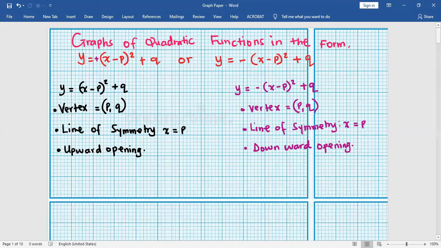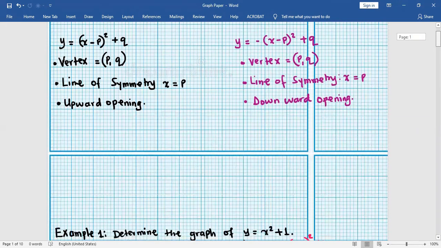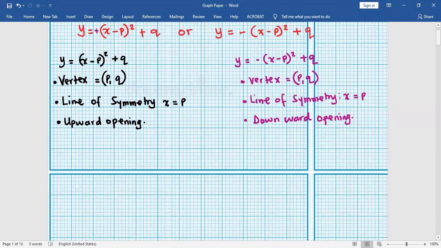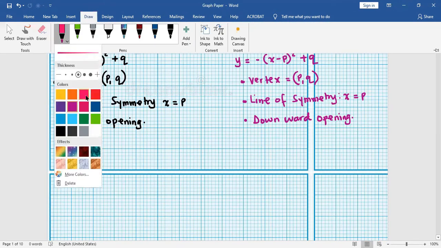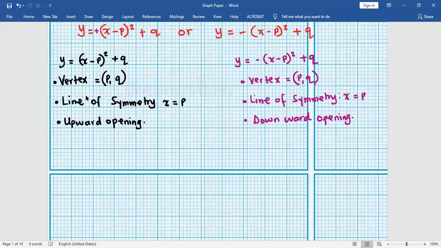So for instance, let's say we have a function like y is equal to (x plus 2) squared plus 1.